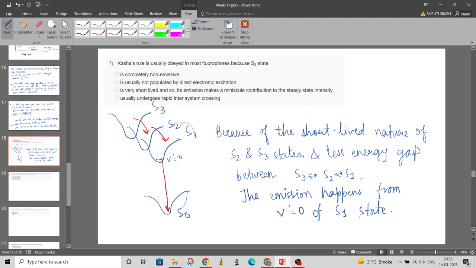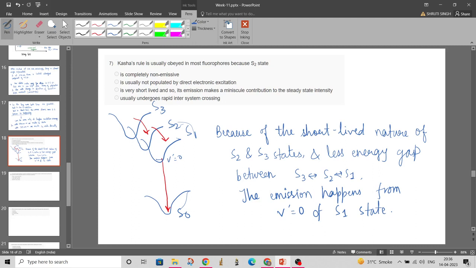So this is Kasha's rule, and it is obeyed because even if we give more energy and excite to S3 and S2 states, for most of the fluorophores they are short-lived, and there is a small energy gap between S2 and S1 or S3, S2 and S1 states. So they relax back to V0 of S1 and then emit from there.